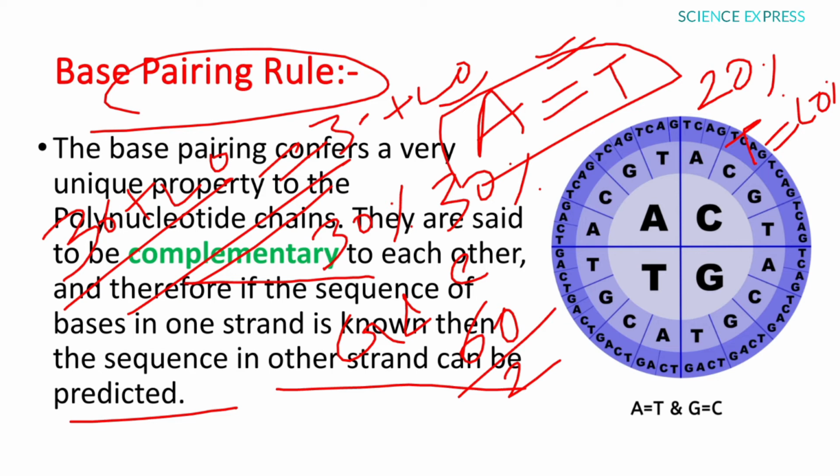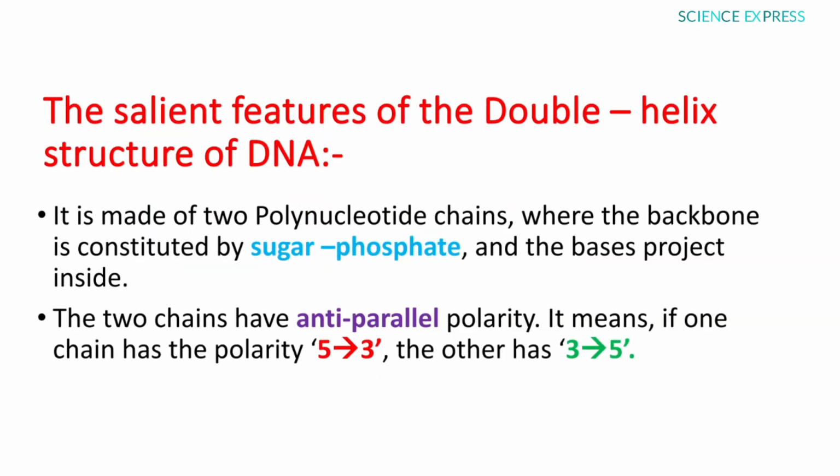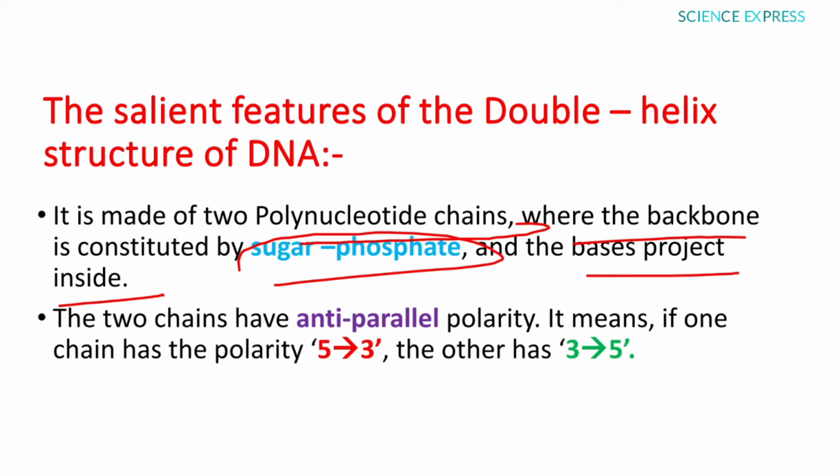Clear? Now we discuss the salient features of the double helix structure of DNA. It is made of two polynucleotide chains where the backbone is constituted by sugar and phosphate and the bases project inside. The two chains have anti-parallel polarity, as already discussed. It means one chain has the polarity 5' to 3' and the other has 3' to 5'.